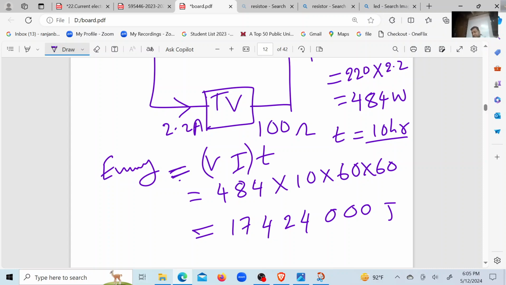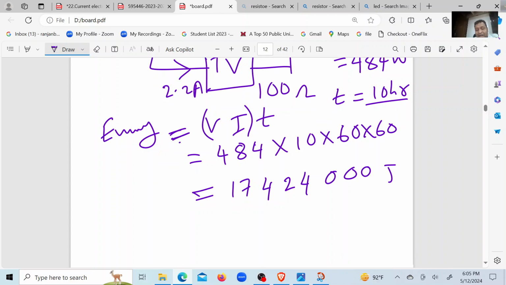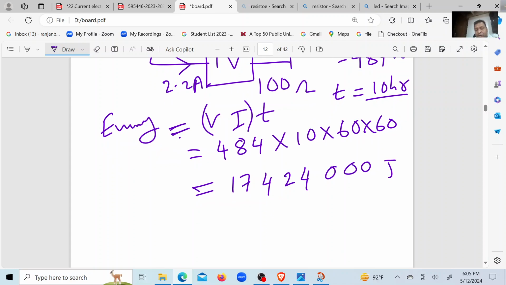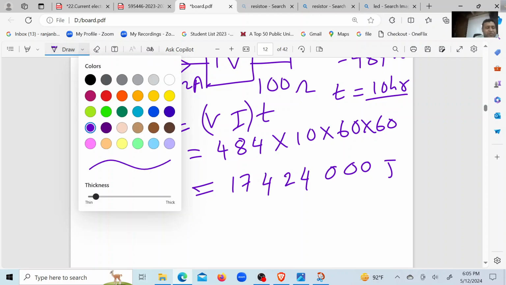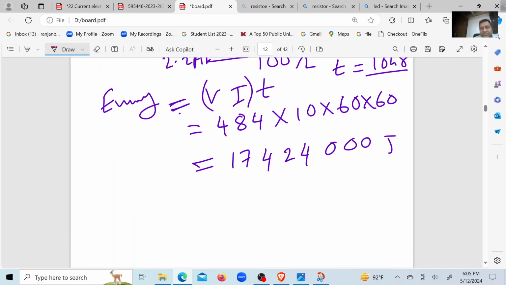Now if the electric bill is taken with the joule unit, right? Look at the number, it is too big to handle, right? So better we reduce this value by changing the unit, and the smart unit that we use to pay our electric bill is what?